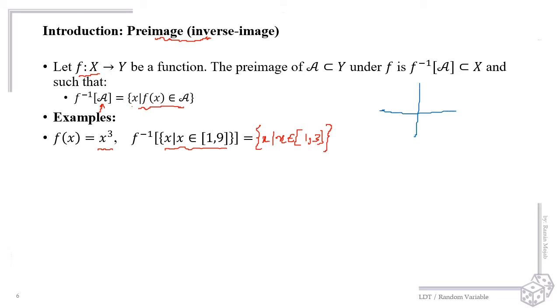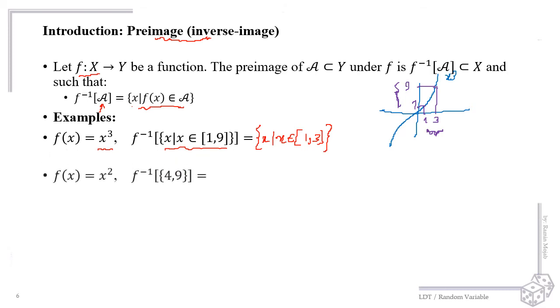For example, this is x cubed, and if this is 1 and this is 3, then we have 1 and 9 here. Therefore, the preimage of this subset of the codomain under f is 1 to 3 here.